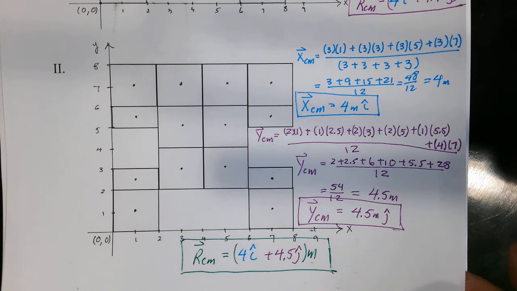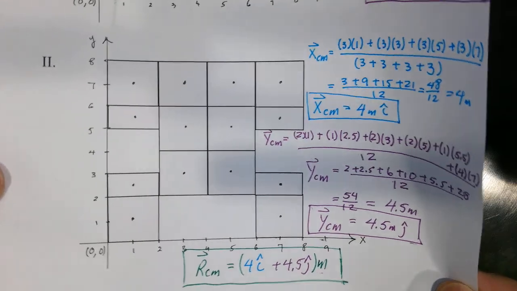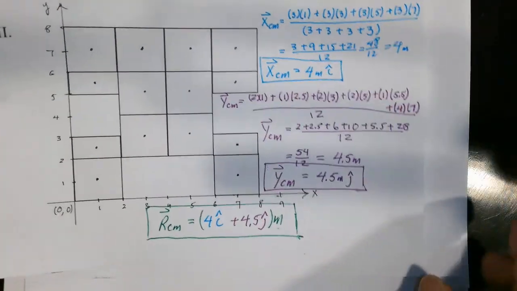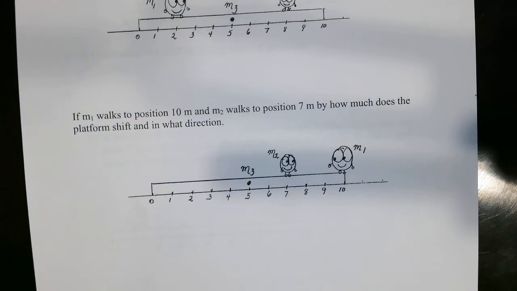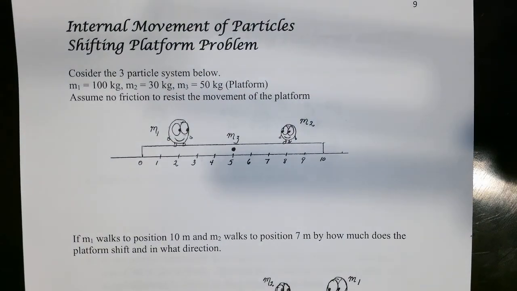All right. So what happens when there's internal movements in a system? Let's say something's moving inside. Let's take a look at what happens when that happens. If you ever go kayaking or canoeing and you try to stand up and switch places, or sometimes if you just stand up and go to one side, what happens to the canoe?